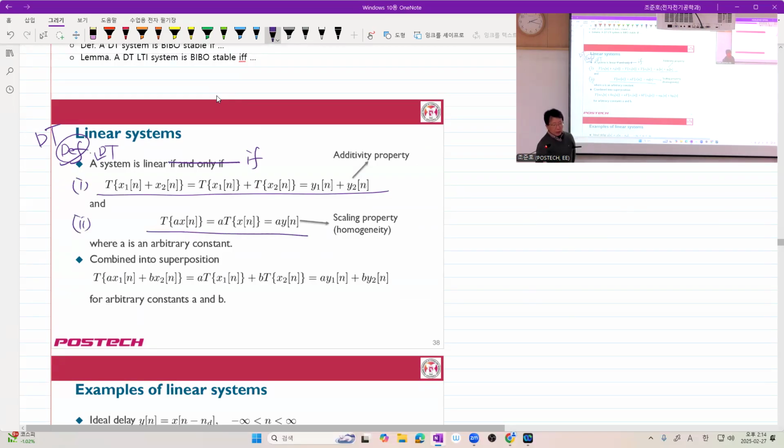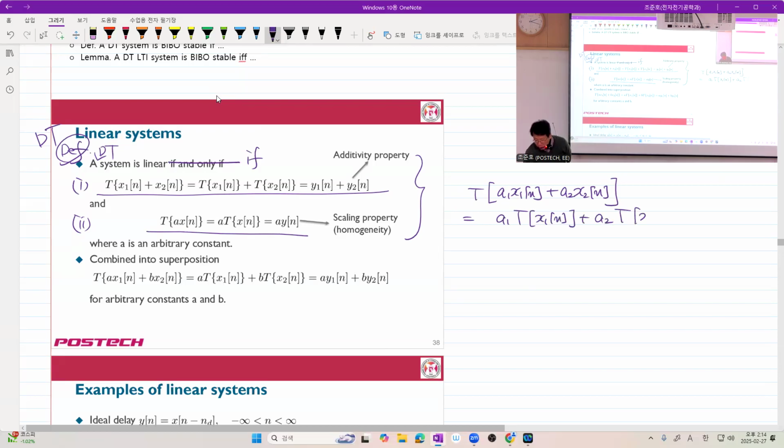Sometimes this is simply combined as: T of A1 x1 of n plus A2 x2 of n equals A1 T of x1 plus A2 T of x2.